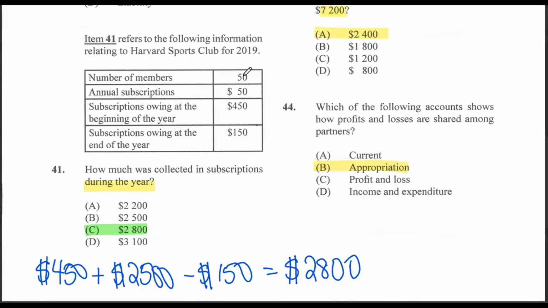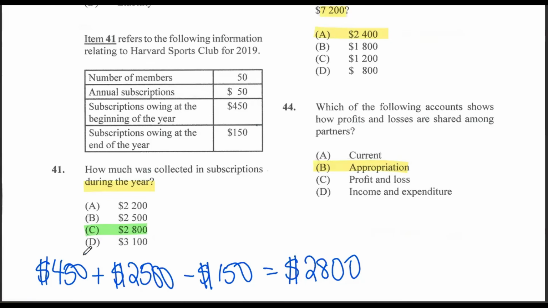So, number of members 50, annual subscriptions $50, subscriptions owing at the beginning of the year 450, subscriptions owing at the end of the year 150. How much was collected during the year? Well, 450 was the amount owing at the start of the year. We did expect to collect 2,500, number of members by annual subscriptions.